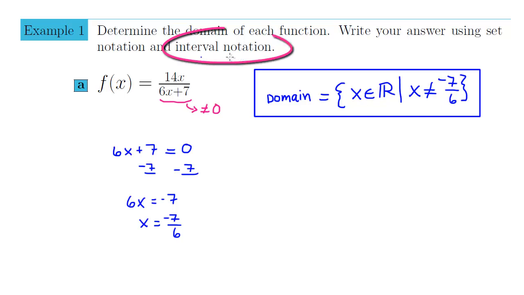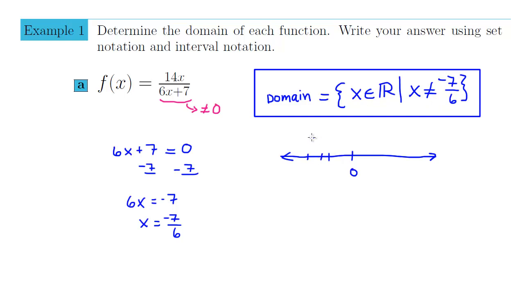Let's also express the domain in interval notation. In order to express the domain in interval notation, I like to first draw a number line. This helps me to set things up. X cannot be negative 7/6. So let's locate negative 7/6 on the number line. That's about negative 1 1/6, right?